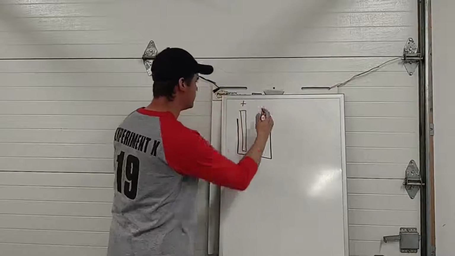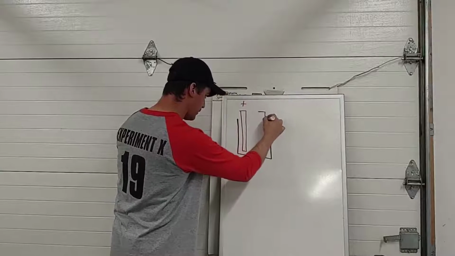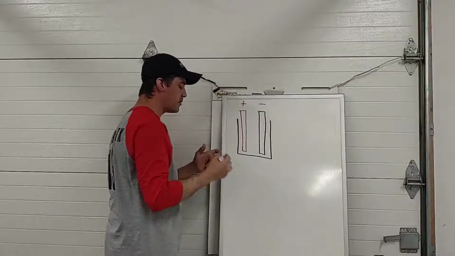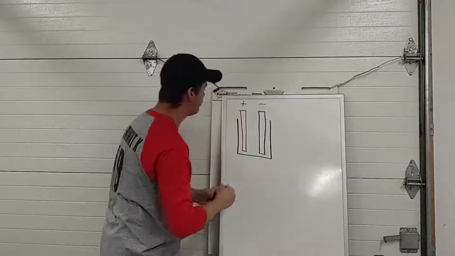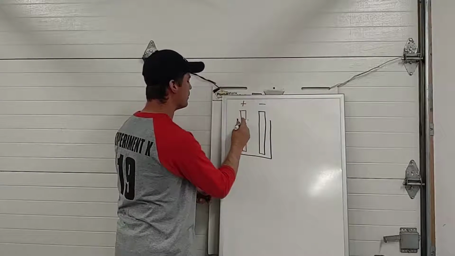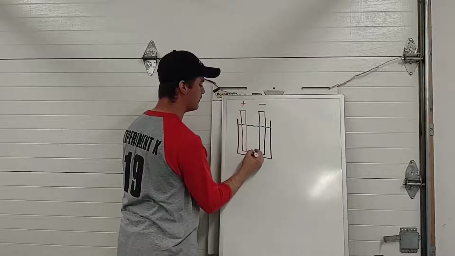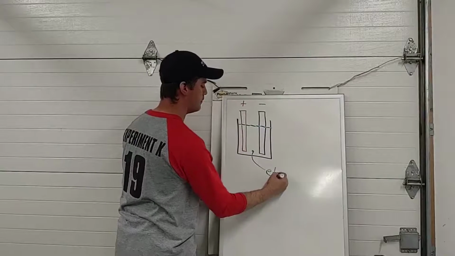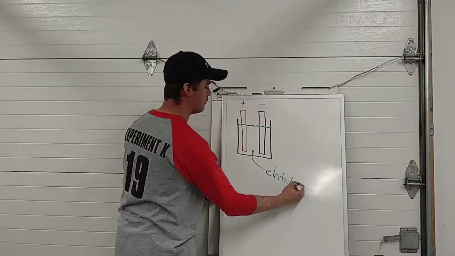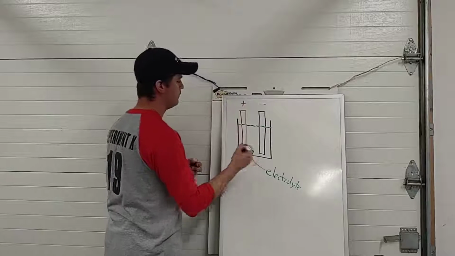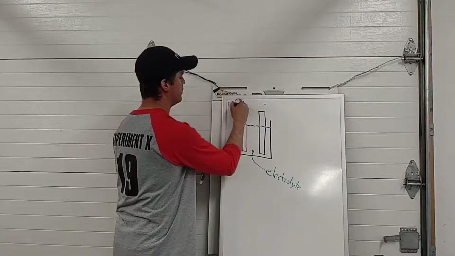The blue marker died, so you're going to have to settle for purple. This is going to be my negative plate. And we're going to pour some electrolyte in here. Positive plate.